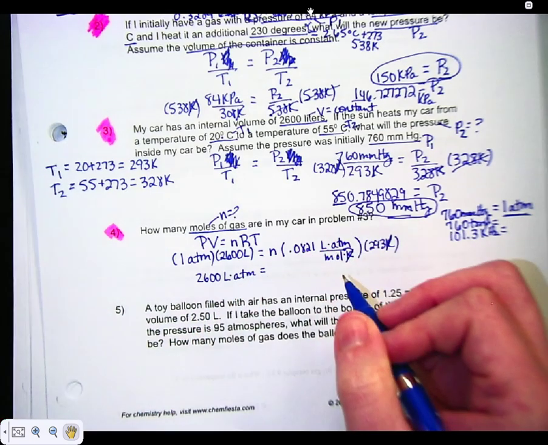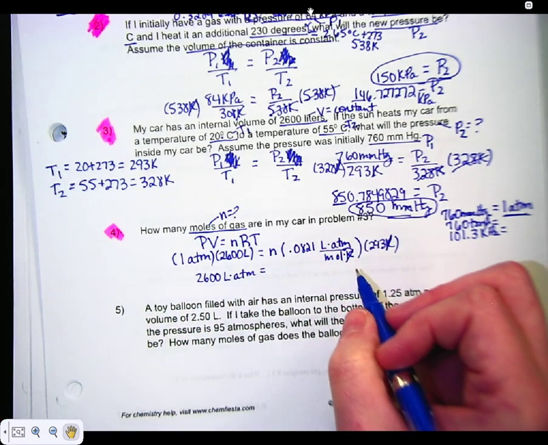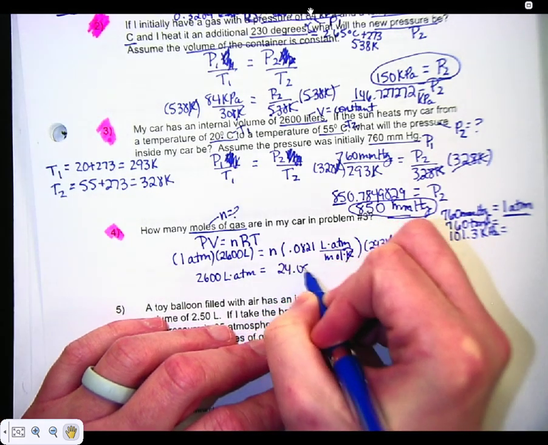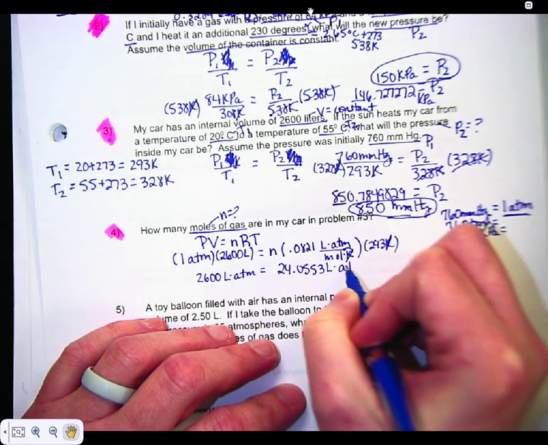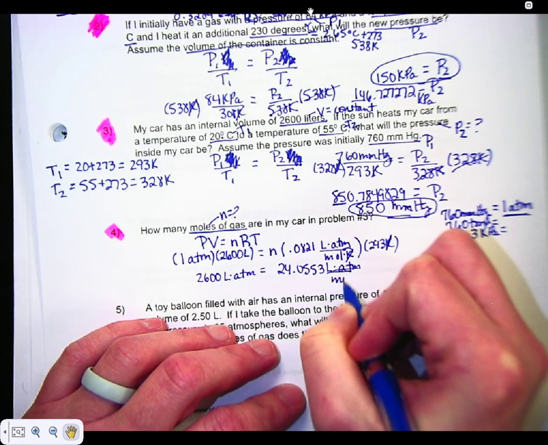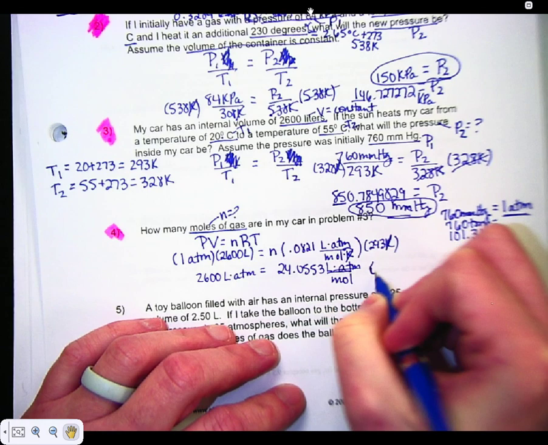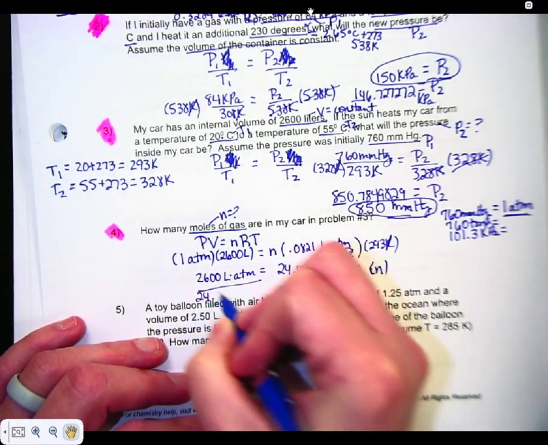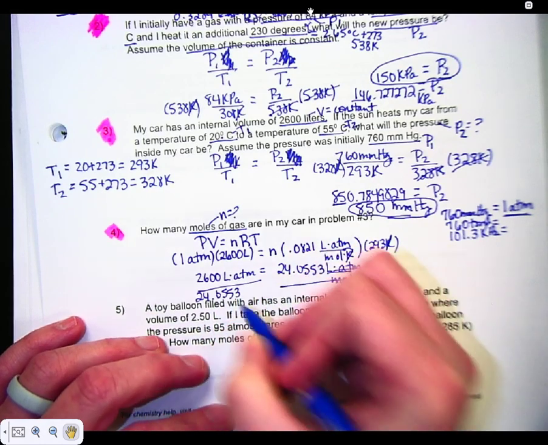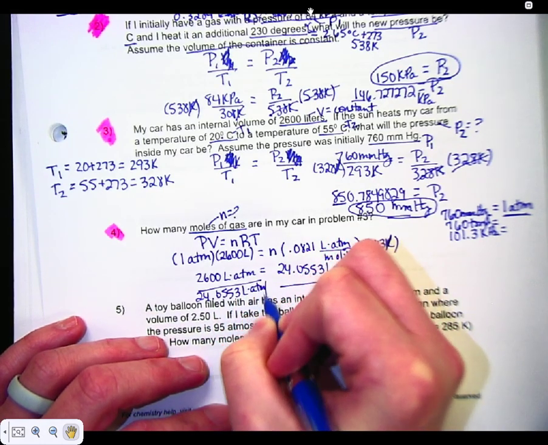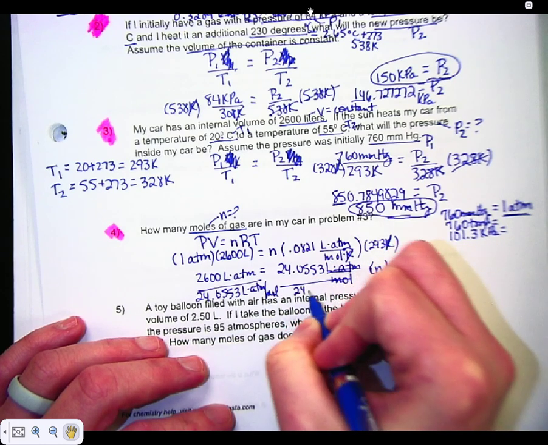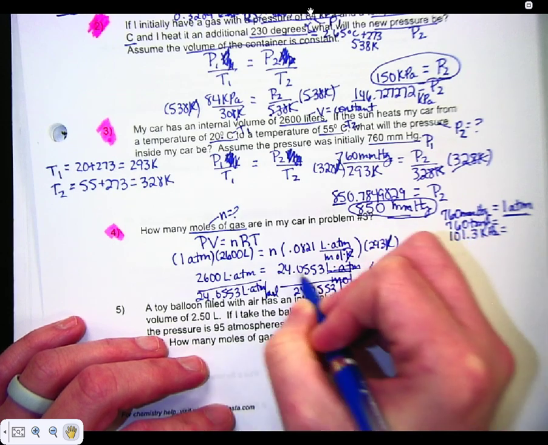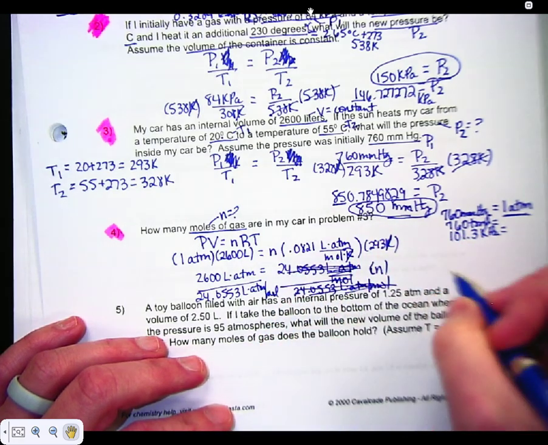On the right we have 0.0821 times 293, which is 24.0553, and that is liter atmosphere over mole because Kelvin canceled out, and that is times N. So to solve this, we have to divide both sides by 24.0553 liter atmosphere over mole. And everything cancels out on the right, and all we have left is N.